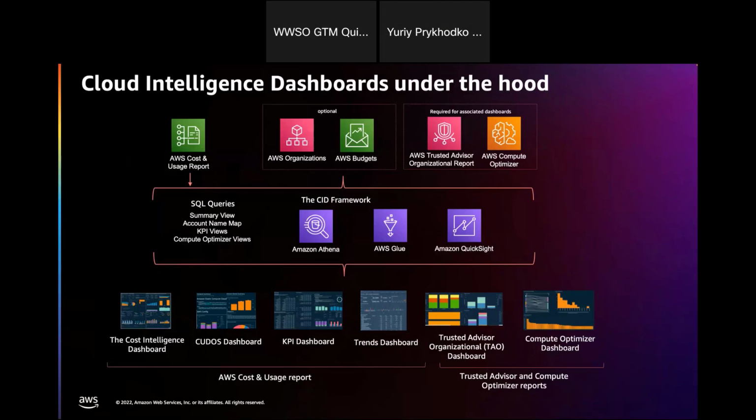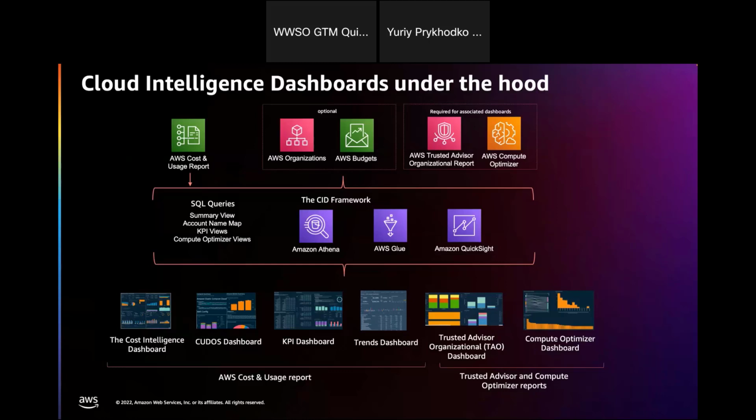Under the hood, we use different data sources, all the services which provide details about your cost and usage and your cost optimization recommendations, like Trusted Advisor, Compute Optimizer, and the AWS Cost and Usage Report, as data sources. On top of them, during the deployment we provide Amazon Athena queries, which allow you to query these data sources, and then integration with Amazon QuickSight.